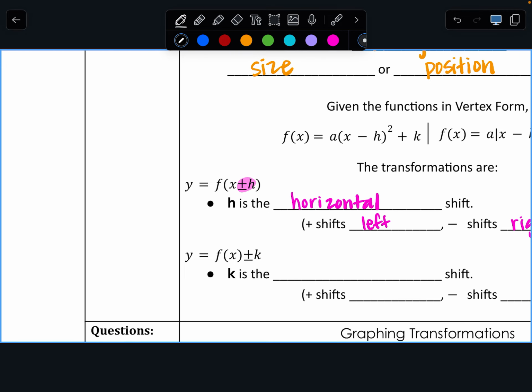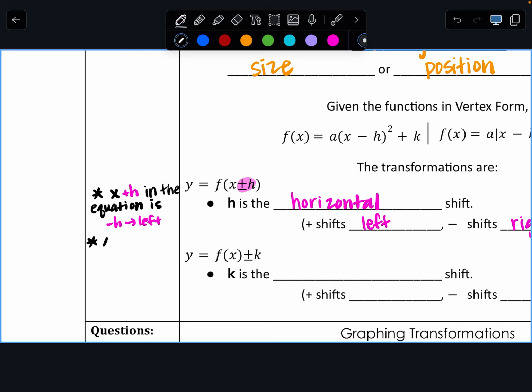So just to note this over here, that x plus h in the equation is a negative h, because we changed the sign, so it moves left.